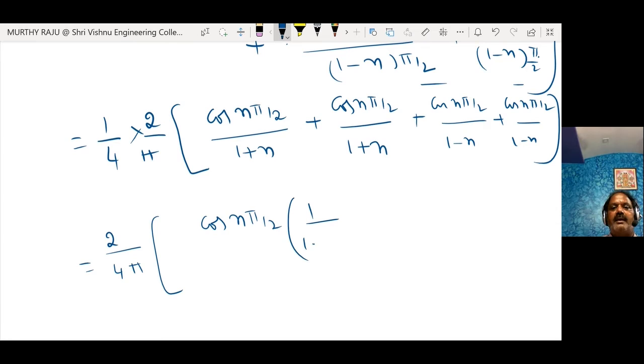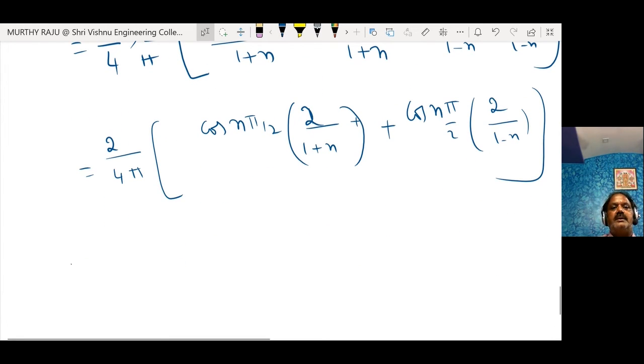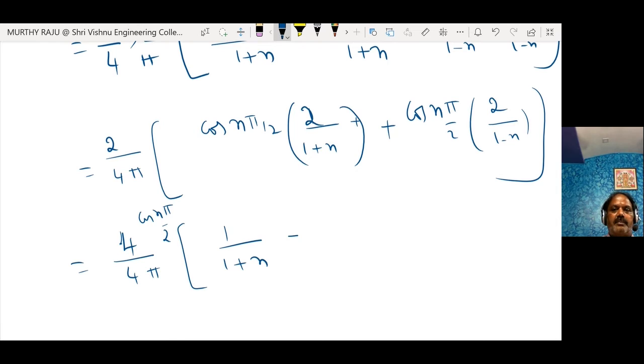Cos n pi by 2, 1 by 1 plus n, 2 by 1 plus n, cos n pi by 2, 2 by 1 minus n. The 2 term is brought out, 2 into 2, 4 by 4 pi. Cos n pi by 2 is also a common term, 1 by 1 plus n plus 1 by 1 minus n.